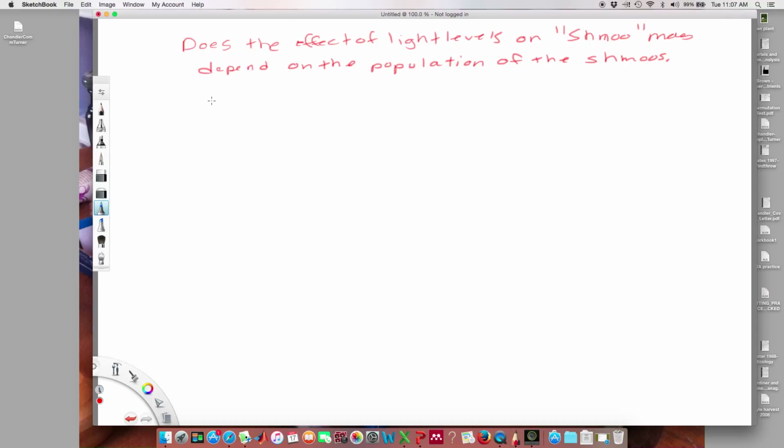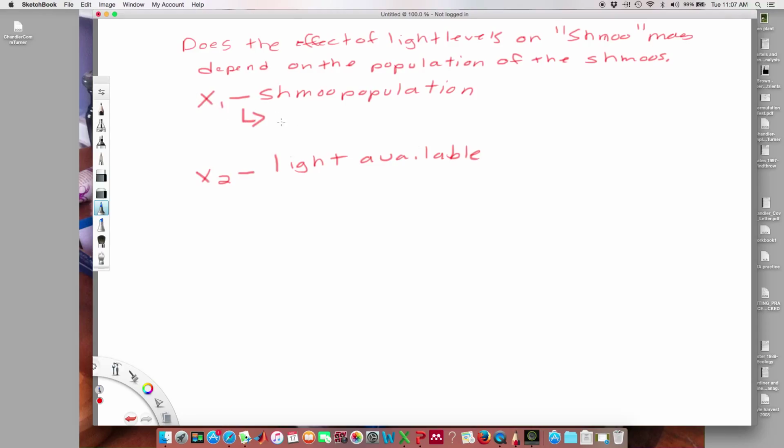This particular question, and you've not learned this yet, but you will soon, has two independent variables. Our first one is shmoo population, and our second is light availability. Within each of these variables, we're going to have two levels.